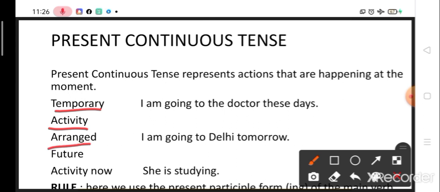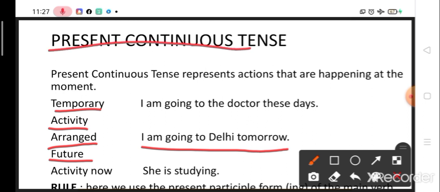This is for the arranged future, like I am going to Delhi tomorrow. Now children, please note that when we say I am going to Delhi tomorrow, that means his action is going to take place in the future, but still it is included in present continuous tense. Why? Because we are stating the statement today, and the verb used, am going, indicates the present continuous tense.